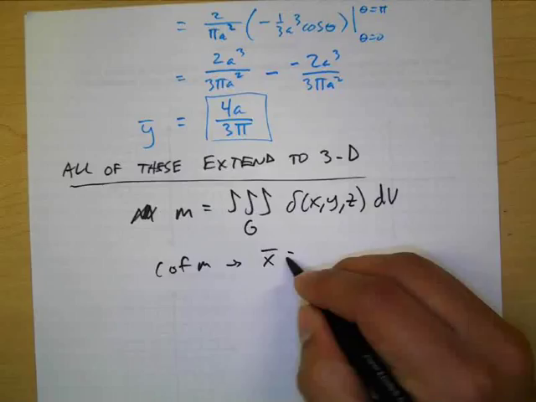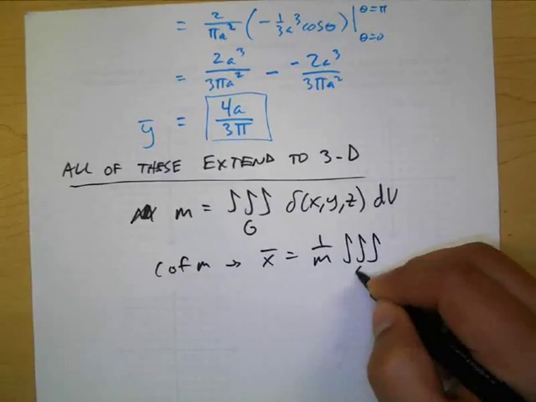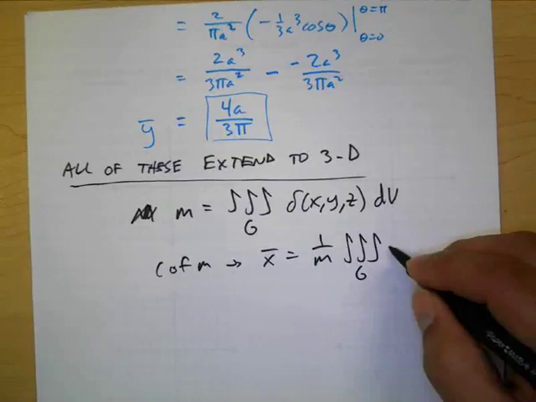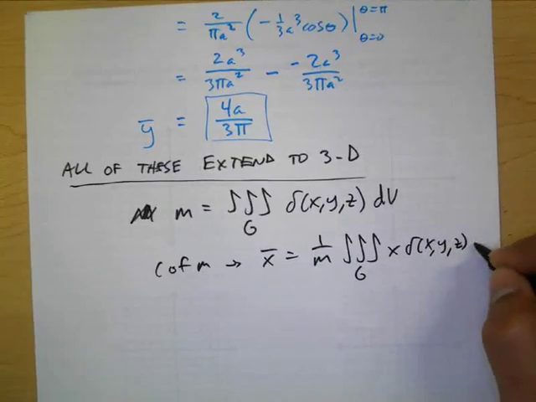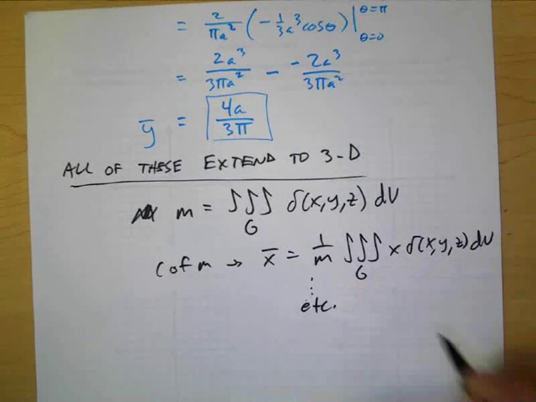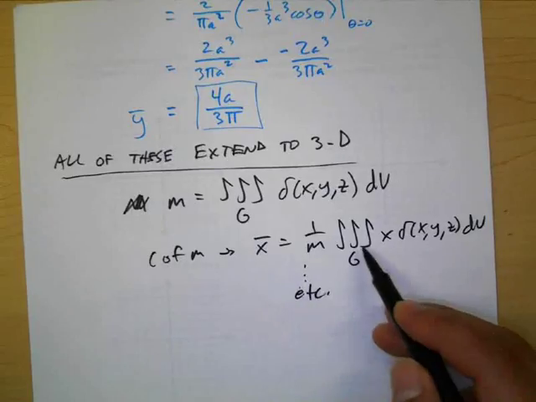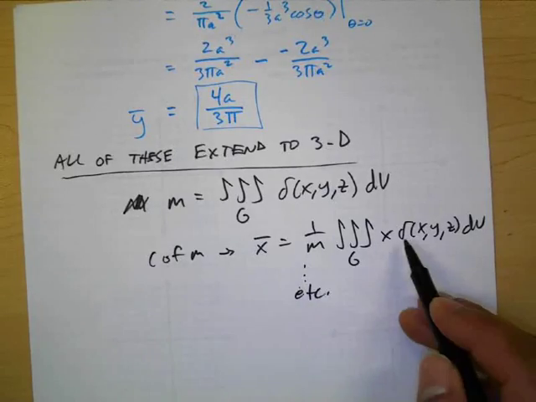So it would be 1 over mass, but now we have a triple integral of x times the density function dV, and so on. Obviously with y it's the same thing, just y in the integrand. With z it's the same thing except z in the integrand.